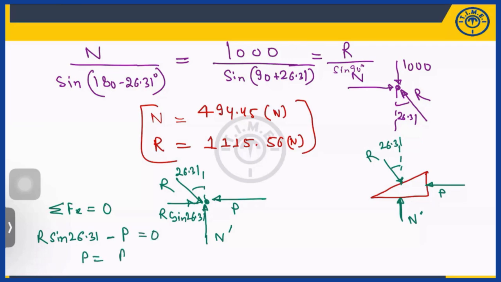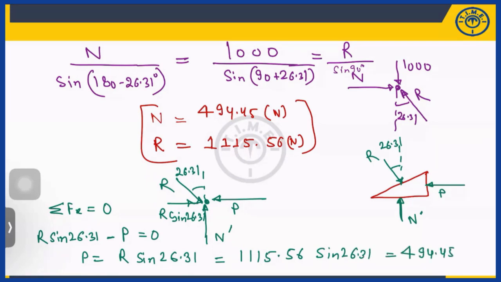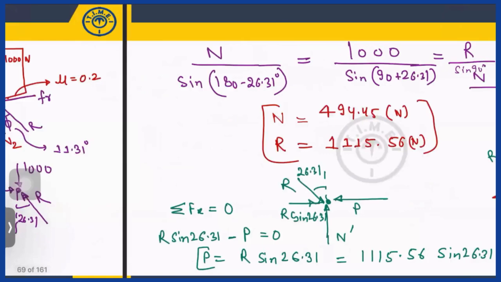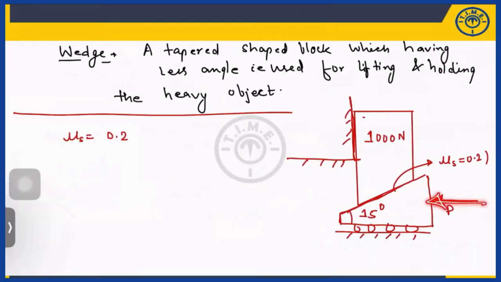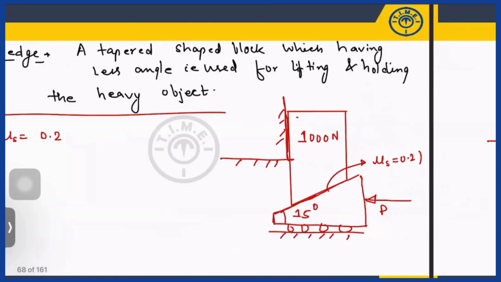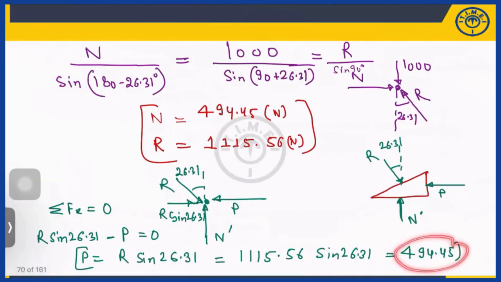So the P value you are getting is R sine of 26.31, which is nothing but R value 1115.56 times sine of this value. Then you will get around 494.45. So this is the minimum force you have to apply so that this block will move. You got 494.45.